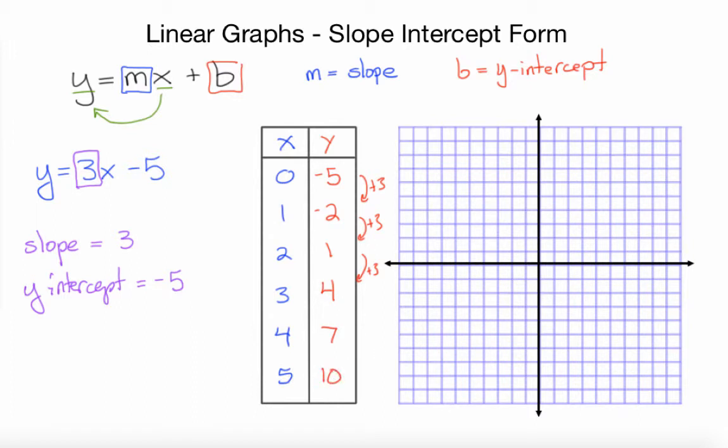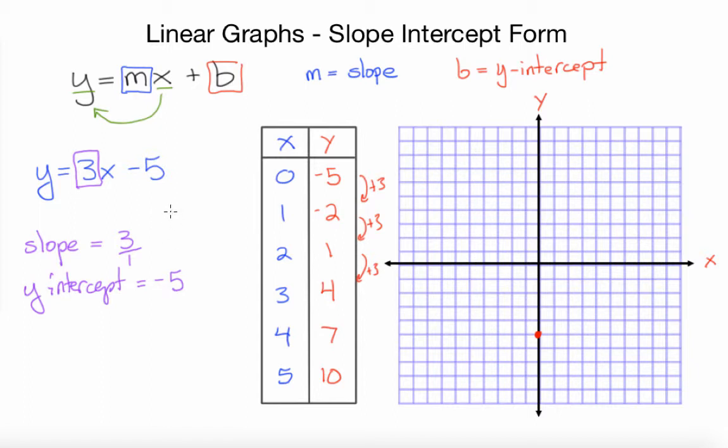Now let's see what this looks like on the graph. My y-intercept is negative 5, so I'm going to find my y-axis right here. Go down 1, 2, 3, 4, 5. I know that point has to be on the graph, because that's what the y-intercept is. Now my slope of 3, I can think of that as my y values change by 3 every time x changes by 1.